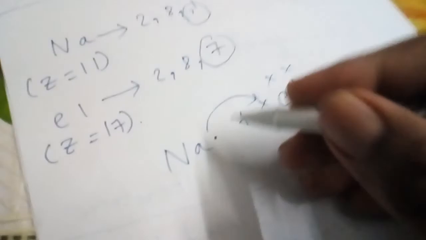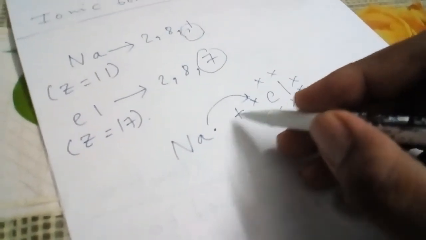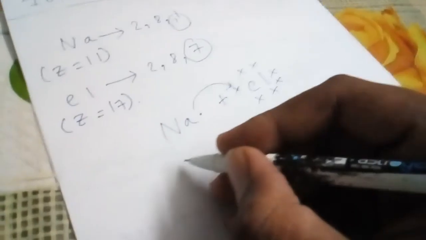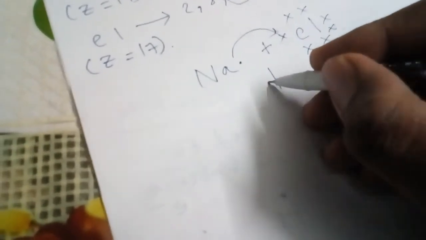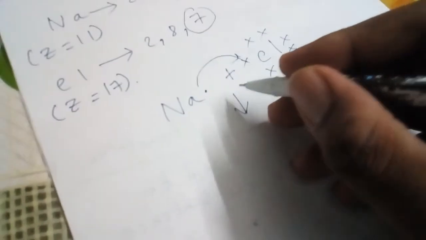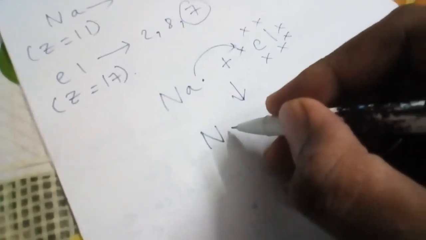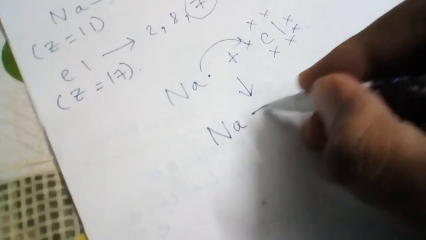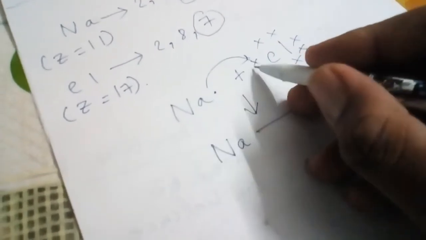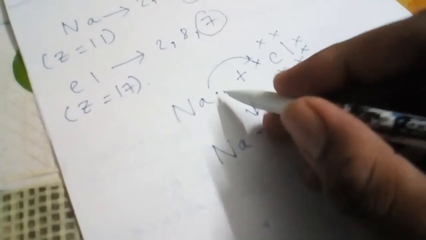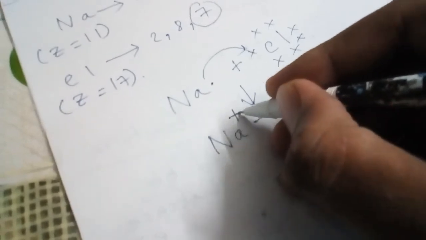Here is a positive charge. Then there is the electrostatic force of attraction. This arrow is very important because this arrow shows the next step, so please draw this arrow. Na gives 1 electron to chlorine, so it will have 1 positive charge.